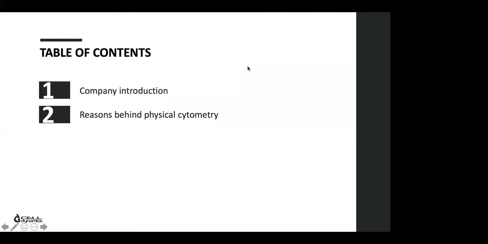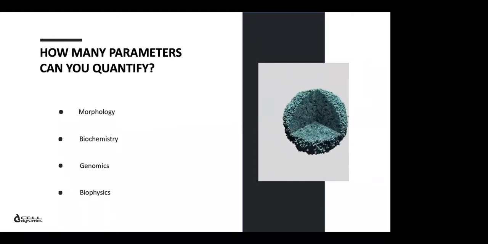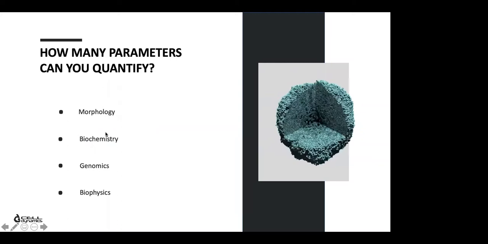And now let's just move on to the reasons that pushed our R&D to develop this device. When we work with spheroids, but also with clusters, organoids, we can actually measure lots of parameters. For example, the dimension and the morphology with imaging techniques, but also the viability with biochemical assays.